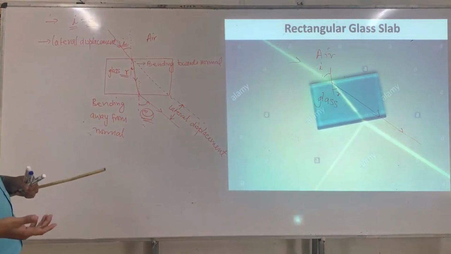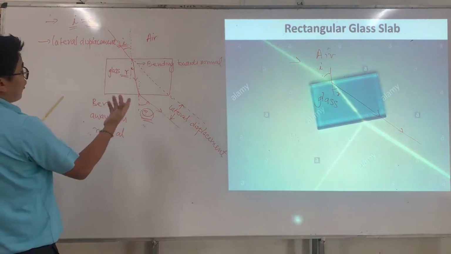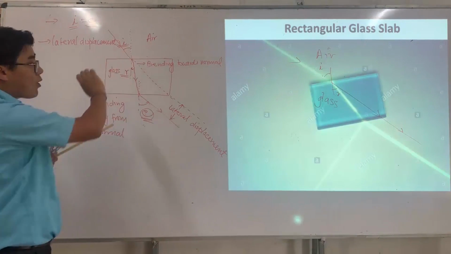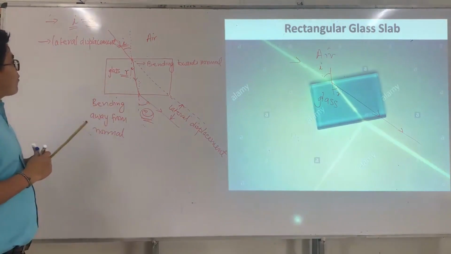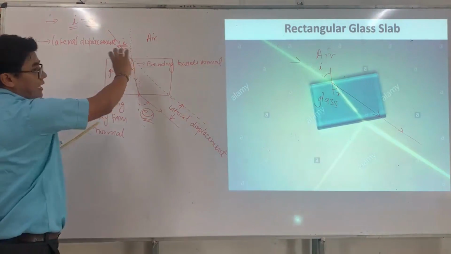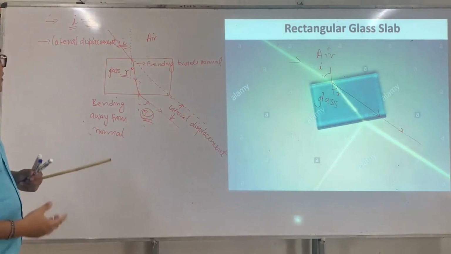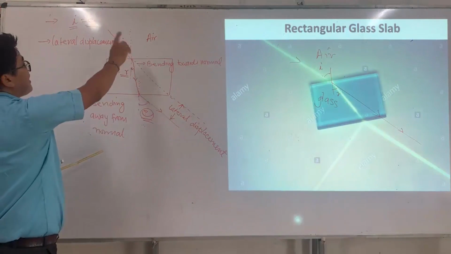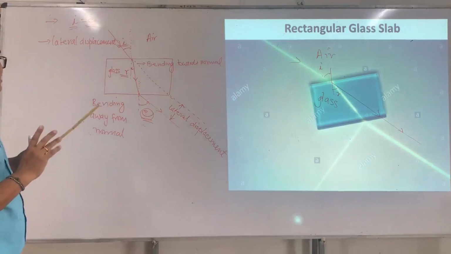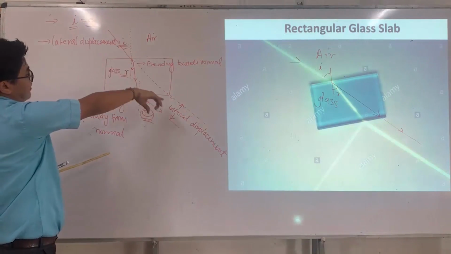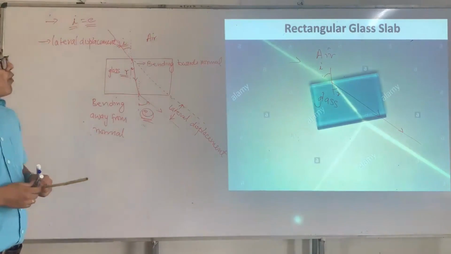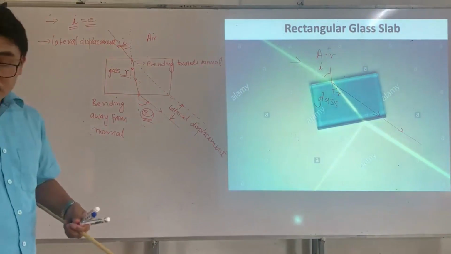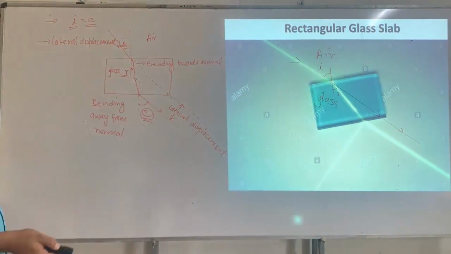This is just a recapitulation of class 10, and it is also determined by the thickness of the medium. Number 1, angle of incidence; number 2, thickness of the medium; number 3, refractive index. So these are the three factors which determine lateral displacement. Alright. Now this is for the glass slab.